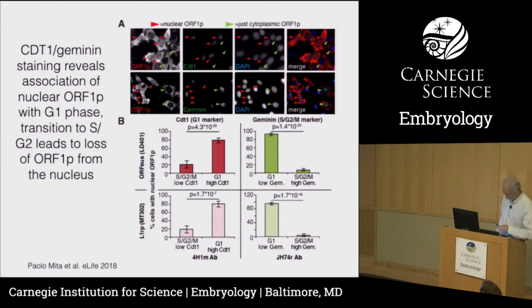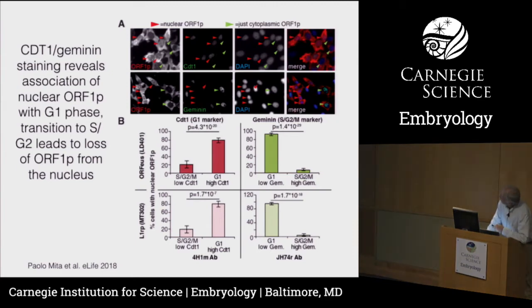So you can see, hard to see here, you can see the cells with the red arrows have the CDT1 staining, so those are the G1 cells, and those are the ones that actually have the nuclear ORF1p, whereas these with the blank nuclei, those are all, with the green arrows, they have very low CDT1. And so using CDT1, a G1 marker, and geminin, which marks the other phase of the cell cycle, it was very clear that this was the trajectory.